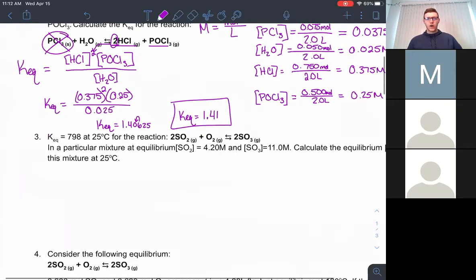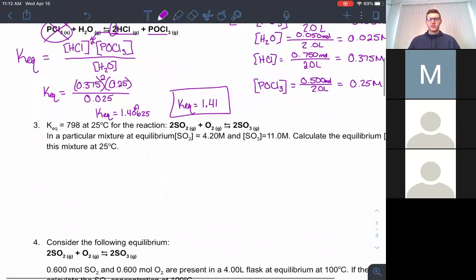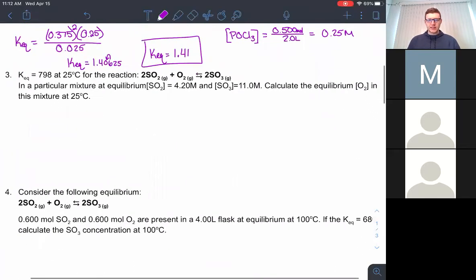All right, we're going to go through one or more of these just because number 3 is a little bit different than the other ones. This time it says that the equilibrium constant, KEQ, is equal to 798 at 25 degrees Celsius, for the reaction 2 SO2 plus oxygen makes 2 SO3.